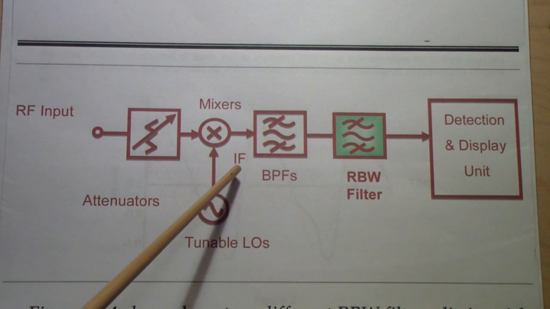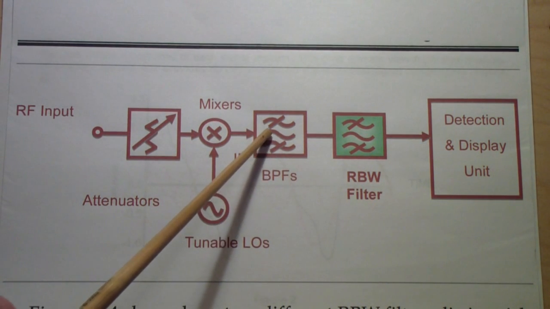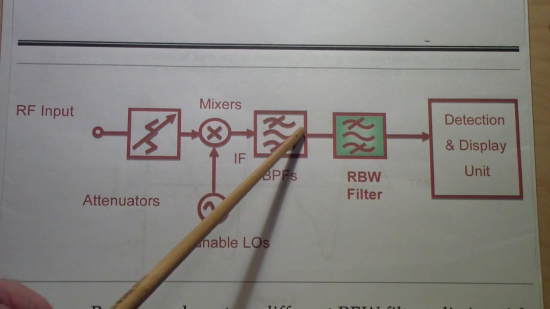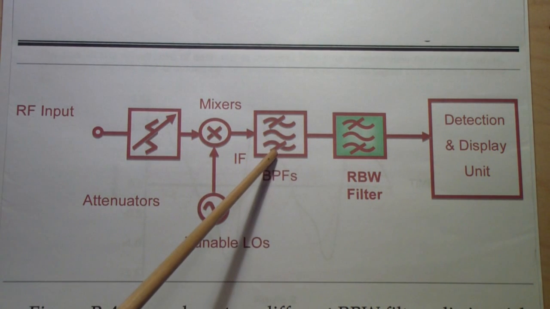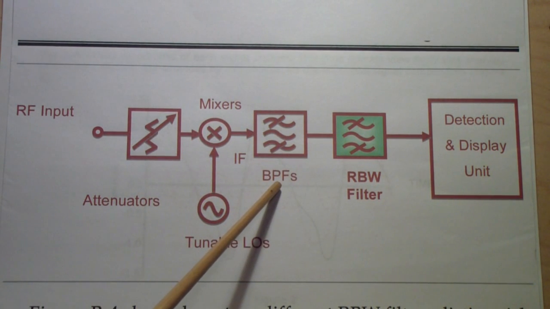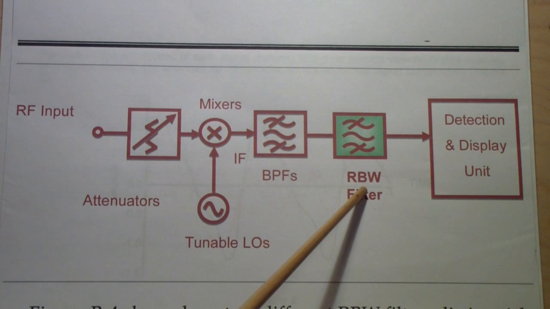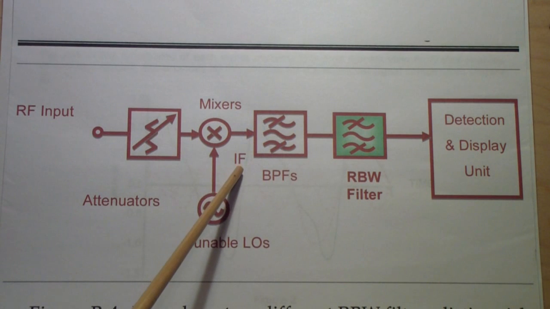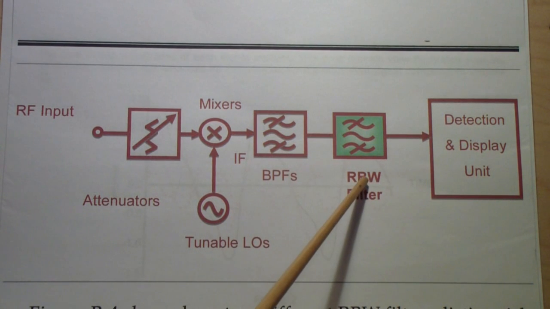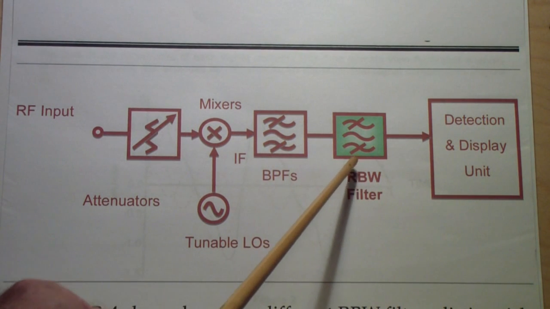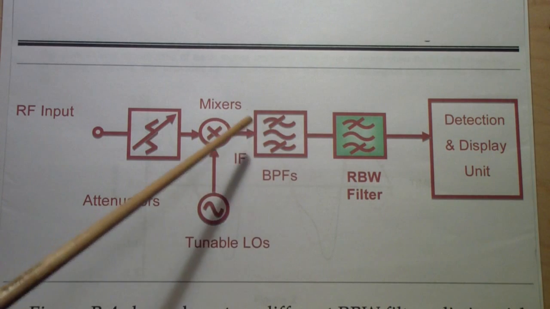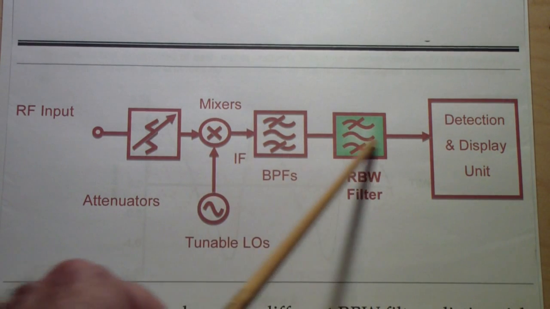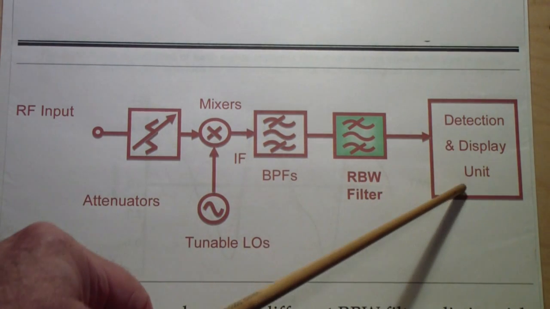Then there is normally an intermediate frequency, that is, it's a superheterodyne, and that is filtered. There is usually also what's called a resolution bandwidth filter. Just think about that like the IF filter. It decides how wide a bandwidth of this mixed signal is allowed through to the detection and display unit.